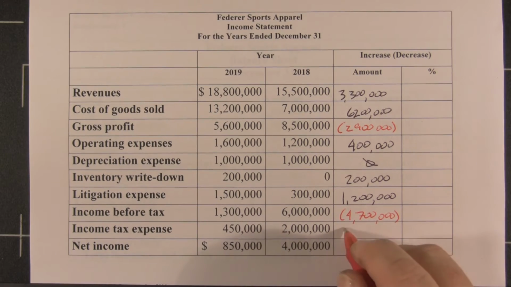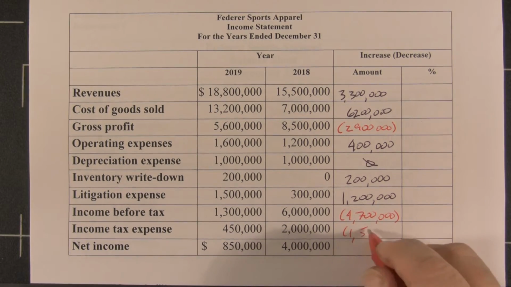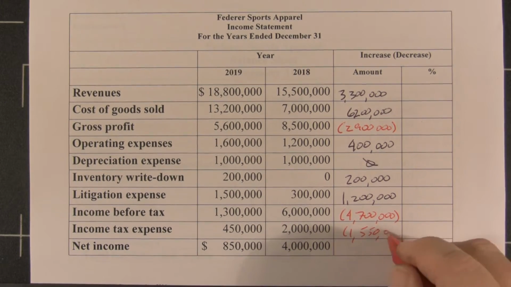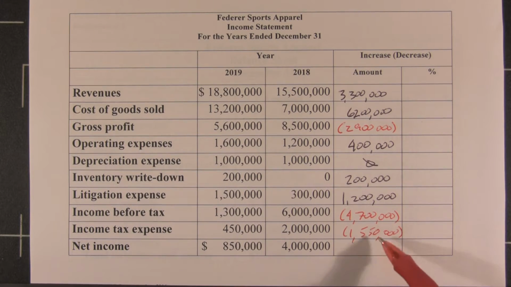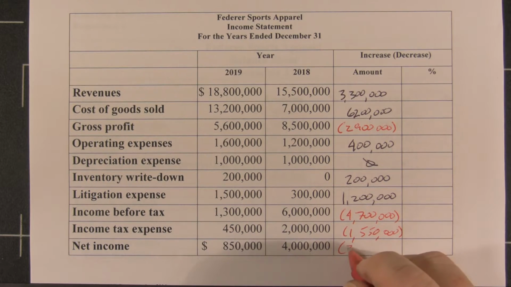It went down 1,550,000. I guess there's a bright spot to losing all that money: you pay less taxes. And our net income had been 4 million. This year it was 850,000. That went down $3,150,000. That's our first step.